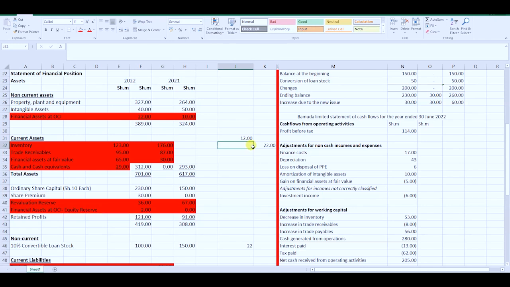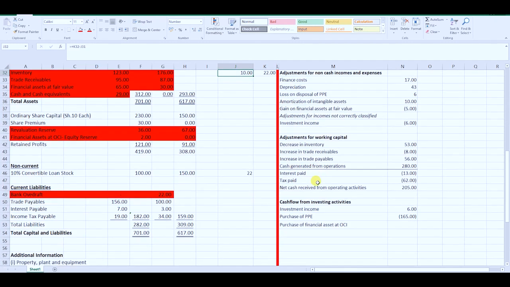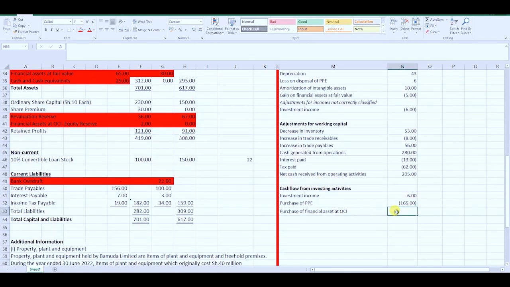The difference between this 22 and 12 will be termed as the purchase of financial asset at other comprehensive income. And we can pick plus that value minus that value. We get the purchase to the tune of 10. And because it's a purchase, we are going to include a negative value there.